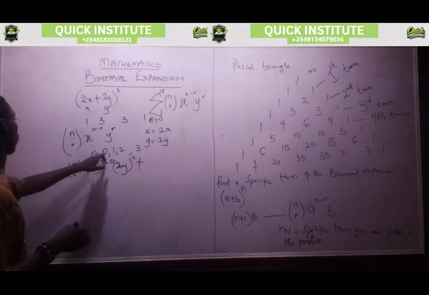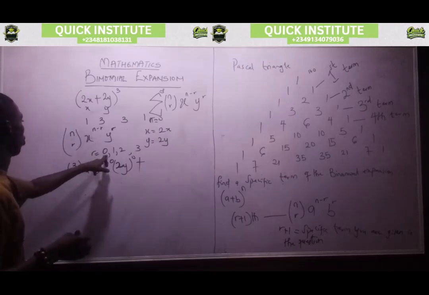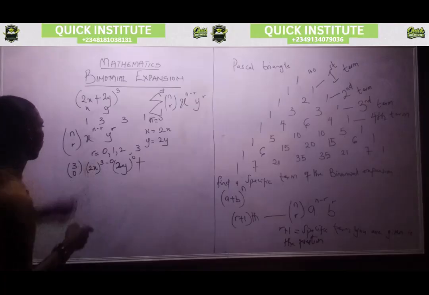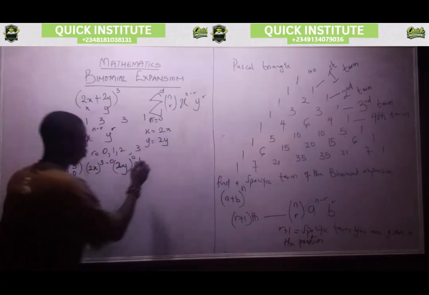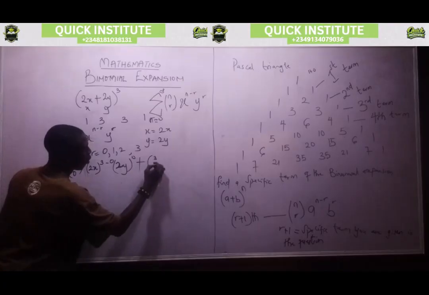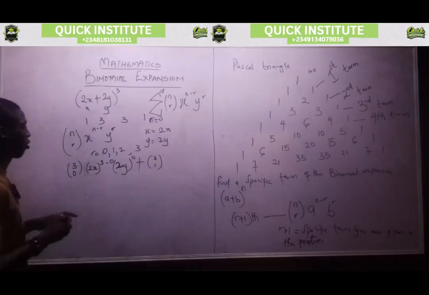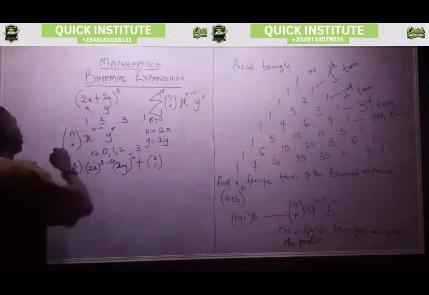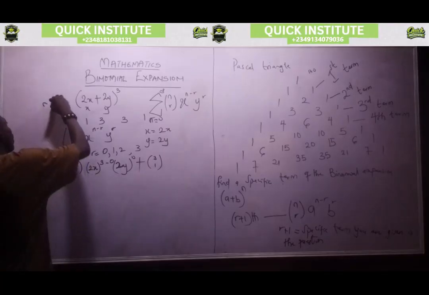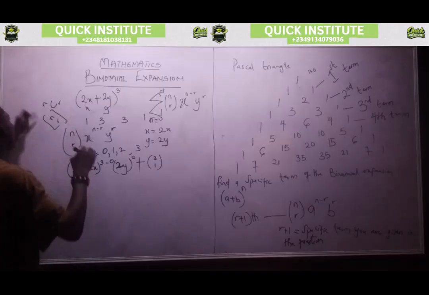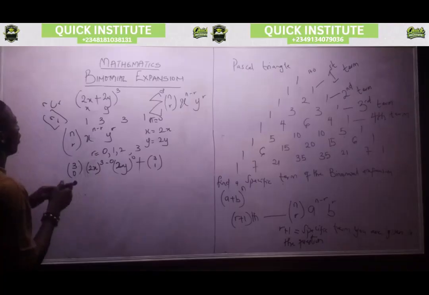So now we continue from where we stopped. We have 3, we start with r equal to 0. Now we move to when r is 1, which is 3 combination 1. They can write the combination like this, n combination r, or with everything in brackets; either of the two forms can be written.